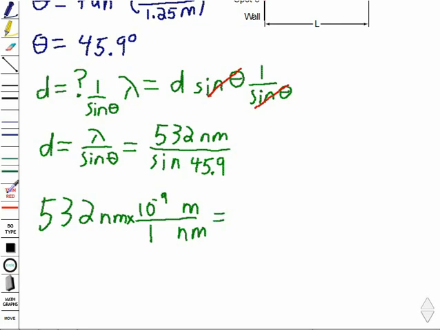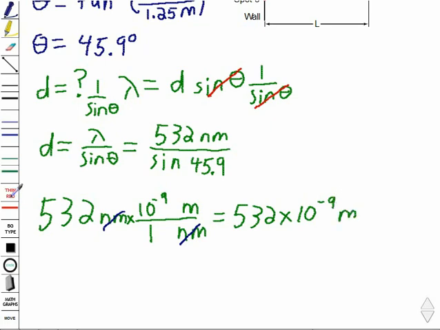By doing that, I've got nanometers on top of a fraction and on bottom, so if you divide something by itself, it cancels out. We have 532 times 10 to the negative 9th meters.